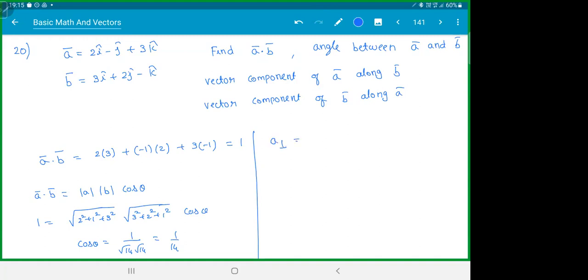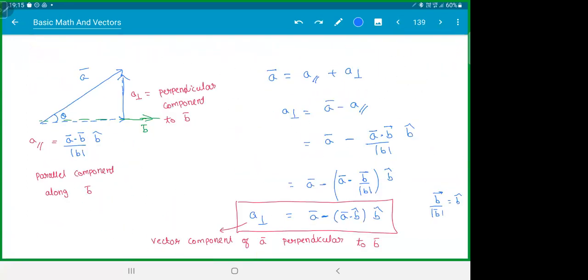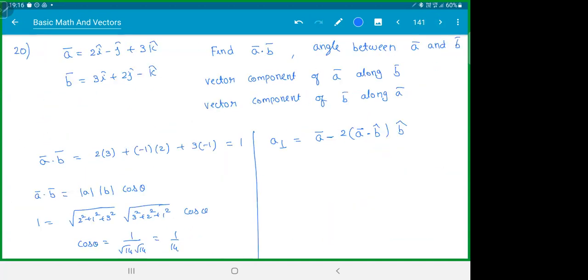So A perpendicular will be A bar minus A bar dot B cap into B cap. This was the thing. Check. So you can just substitute here.